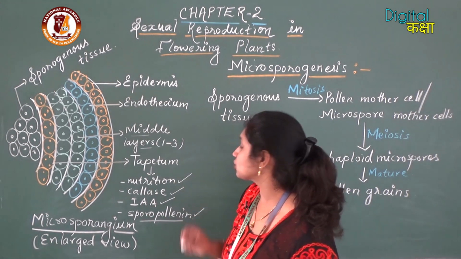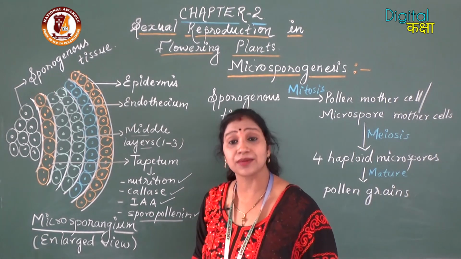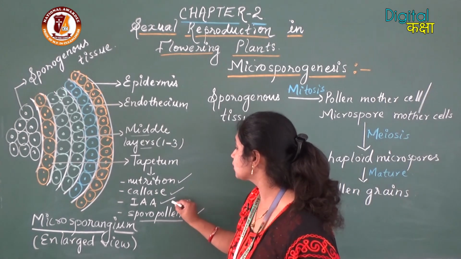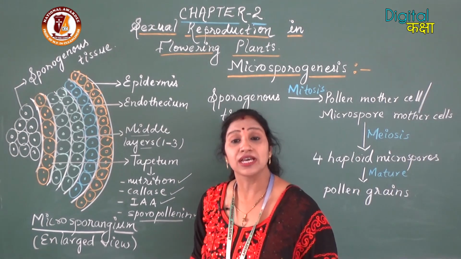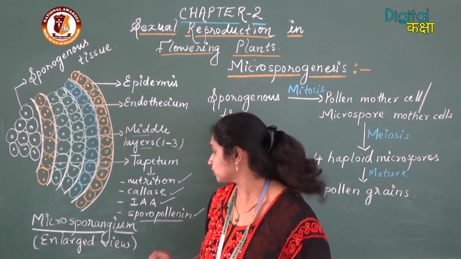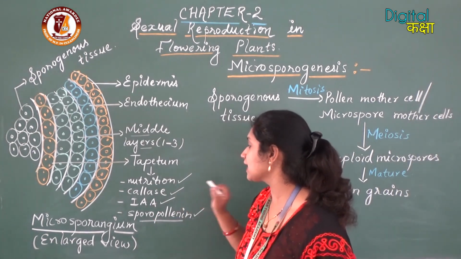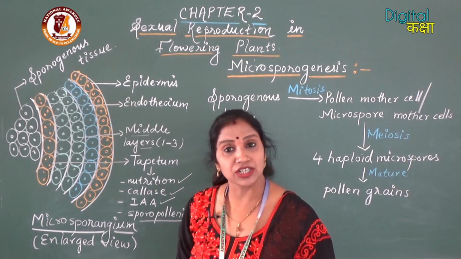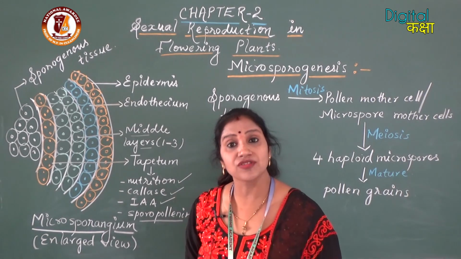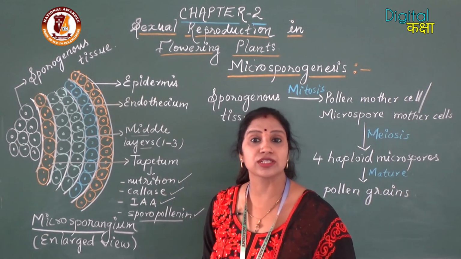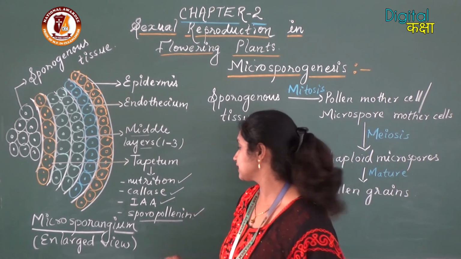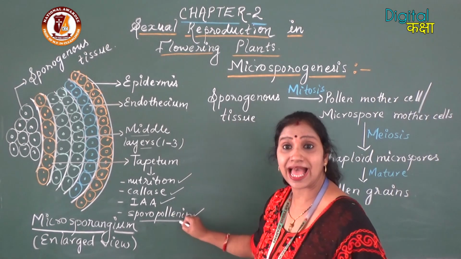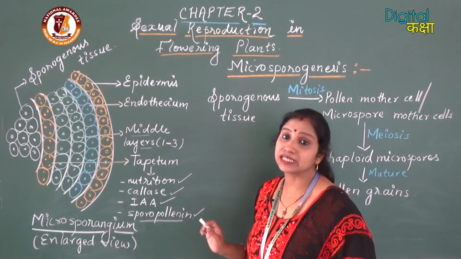The second function is secretion of the enzyme callase. The third function is secretion of the growth hormone indole acetic acid. And the fourth function is production of certain chemical constituents of the pollen grain, for example sporopollenin and some protein factors.